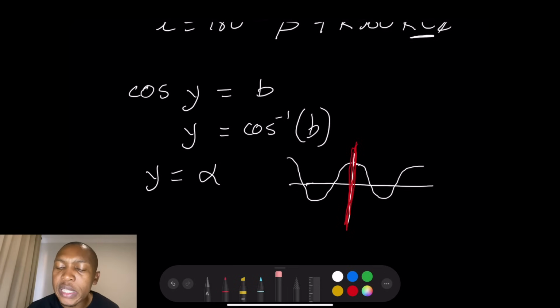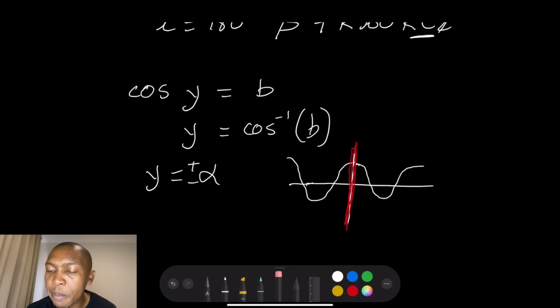So that means that when I find a general solution for the cos graph, I am not just going to say it's that solution, but it's actually now going to be plus or minus that solution, okay? Why?